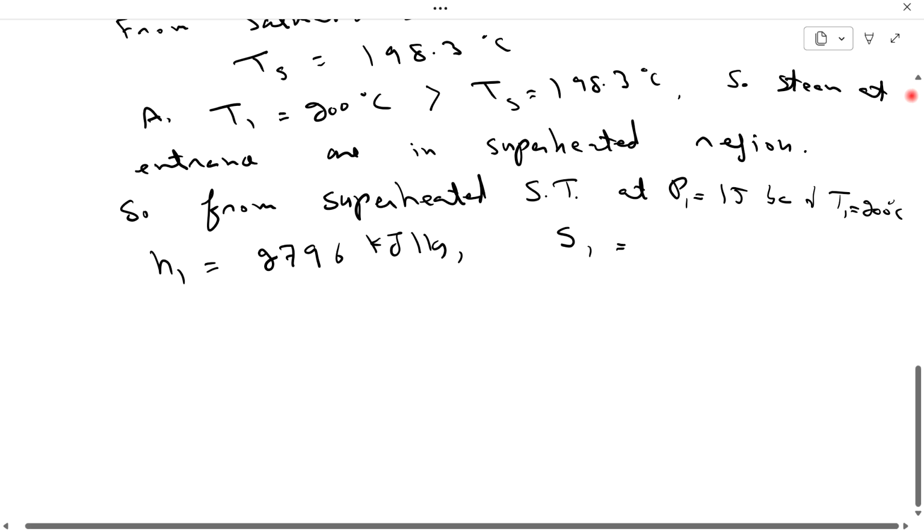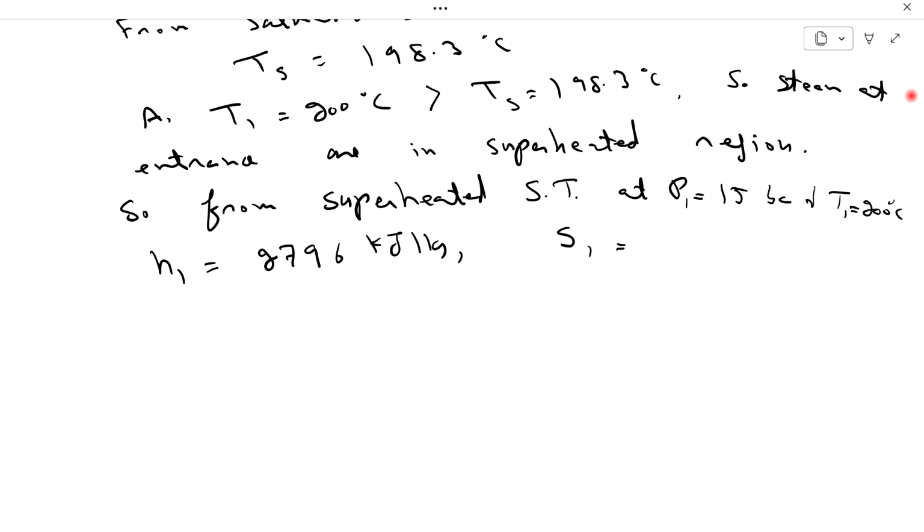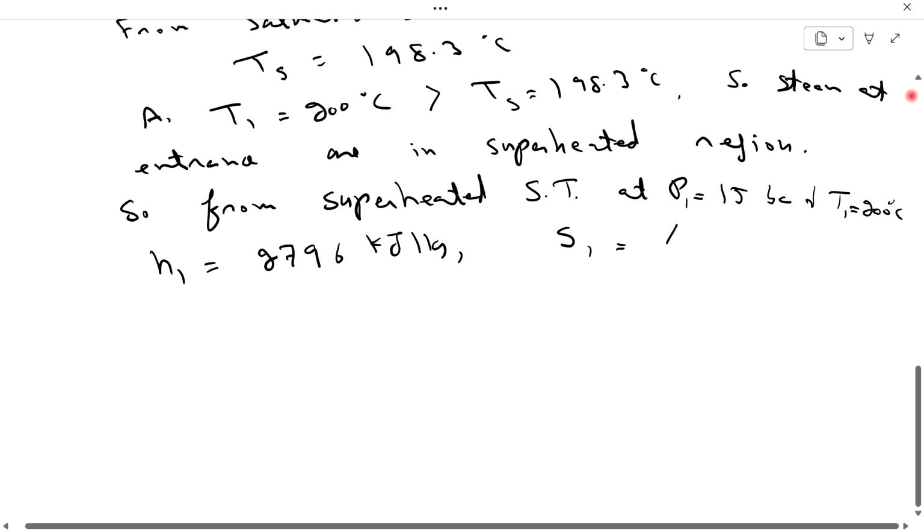And S1 is equal to 6.452 kilojoule per kilogram per Kelvin.